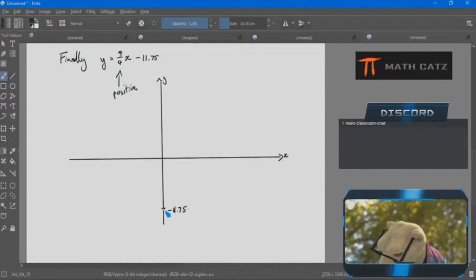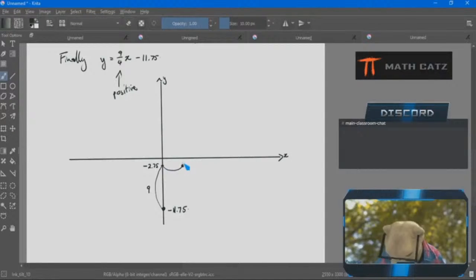So that means if I go 9 steps up, that's going to get me to negative 2.75 in this case, because I like to go from the intercept towards the center. You don't always need to do that. It's just easier to put things in the right place. So 9 up would correspond to 4 to the right.